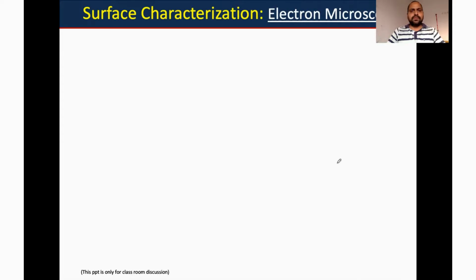You are already aware of the Rayleigh criterion, which decides the minimum distance between two objects that can be resolved by light. If you remember that formula, the resolution limit basically depends upon the wavelength, so it's on the order of the wavelength.